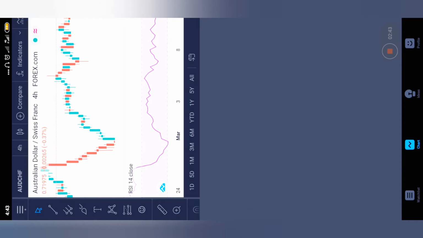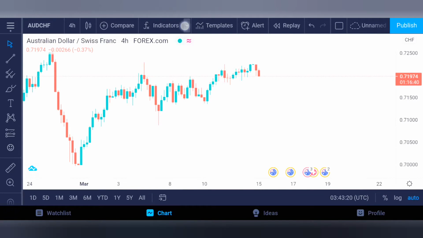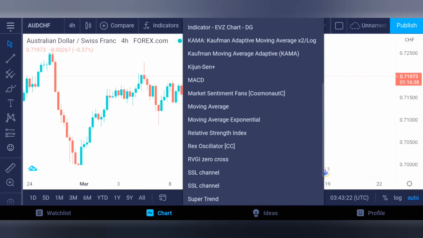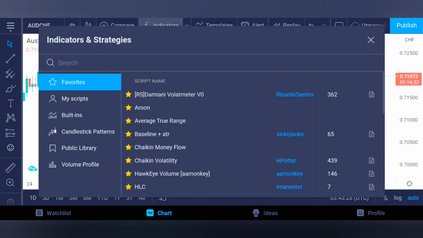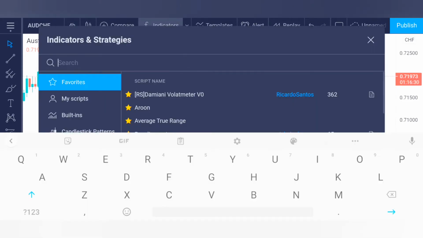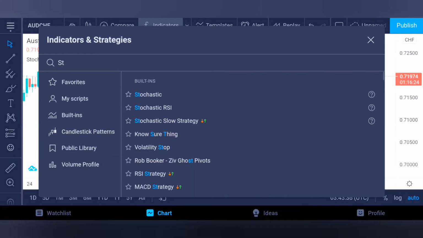Now let me show you another example of a momentum indicator. Let me show you the stochastic oscillator. Let me type it in here. Yeah, got it here.